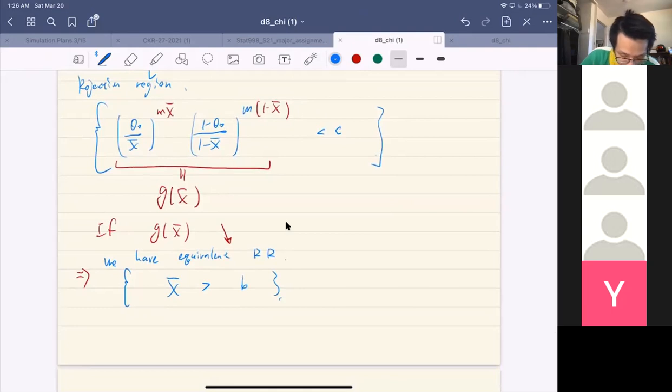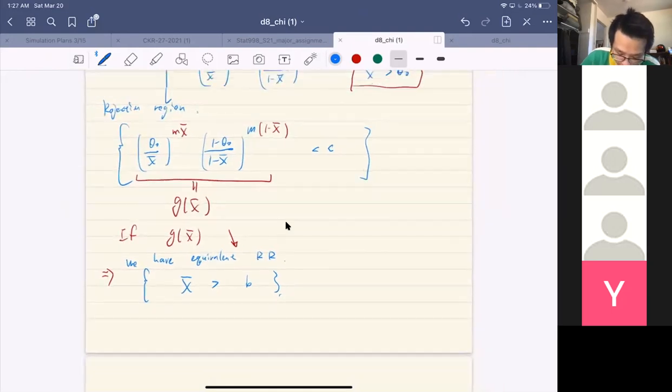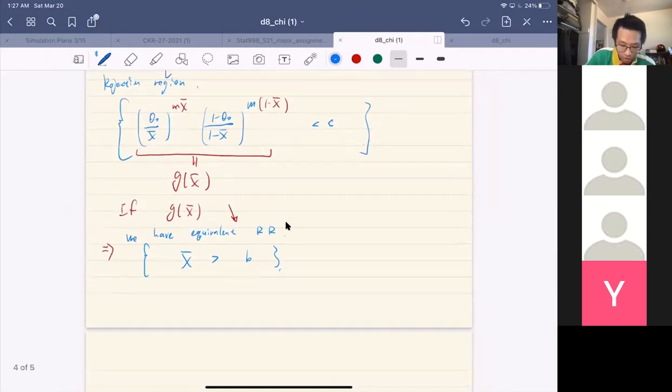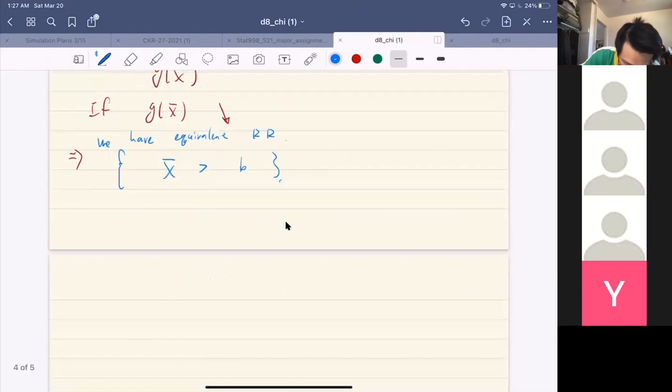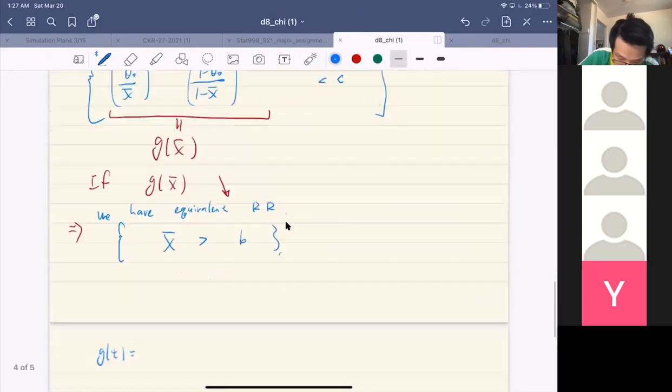we can find the first order derivative. Yes, we have no choice, so we have to find this. Let's say g(t) is equal to this.